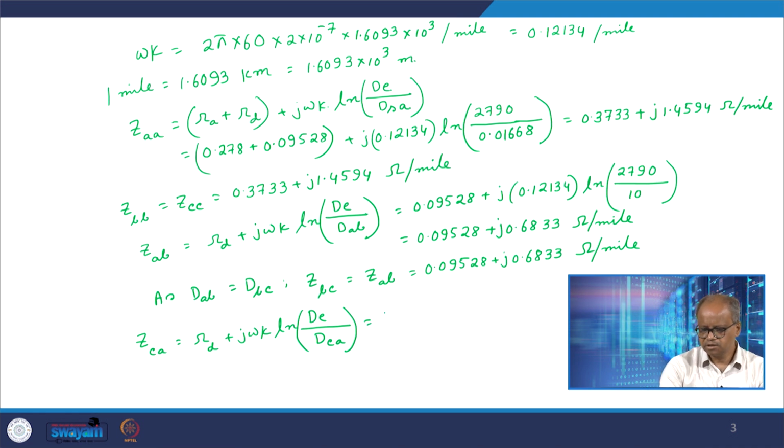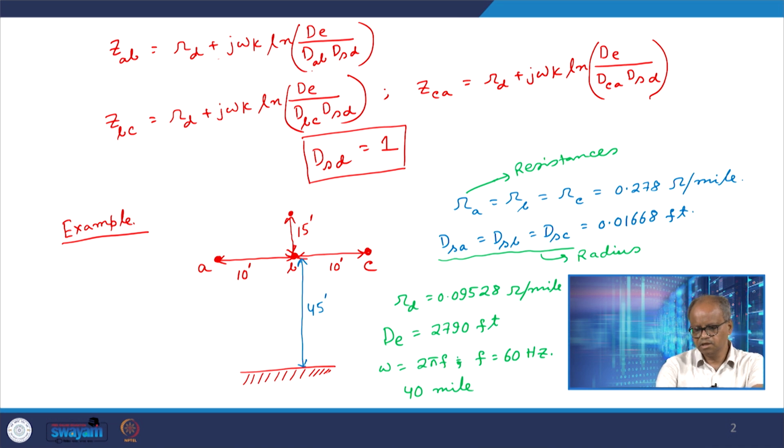RD is 0.09528 plus j 0.12134 log of DE, which is 2790, divided by DCA.